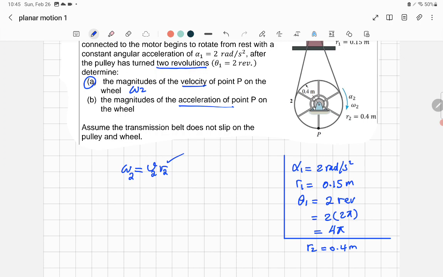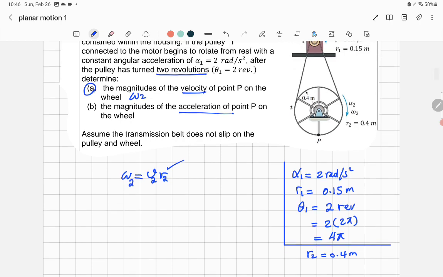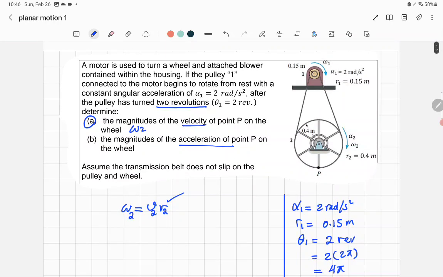There is something important that you should know for transmission. Transmission means when the motion, rotation or translation, is transferred from one rigid body to another through a belt or any transmission system. If the transmission system is assumed ideal, and what does ideal mean?